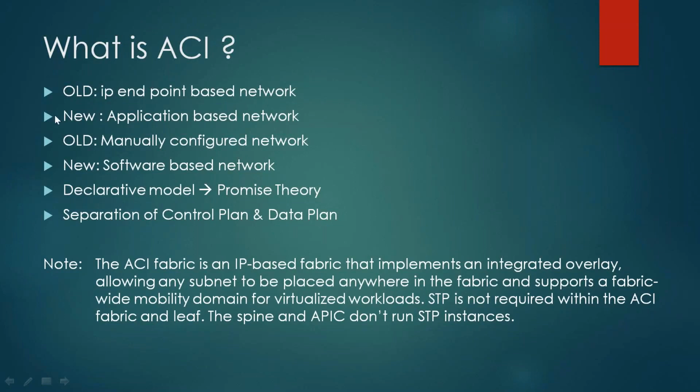So what is ACI? In the old, IP endpoint-based network, but in the new we have an application-based network. Initially we had an IP-based network, and still we have an IP-based network, but all those constraints related to VLAN, subnet, port, protocol, security have been removed, and now you can think of the network as an application. You can even change your network like you have some programming structure or a template-based structure from where you can change your network structure.